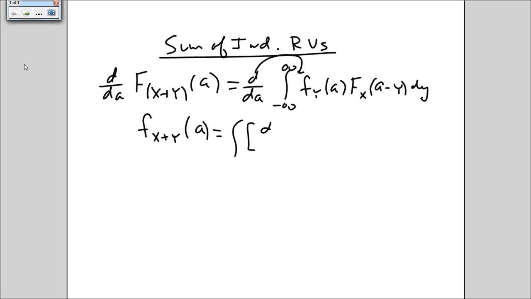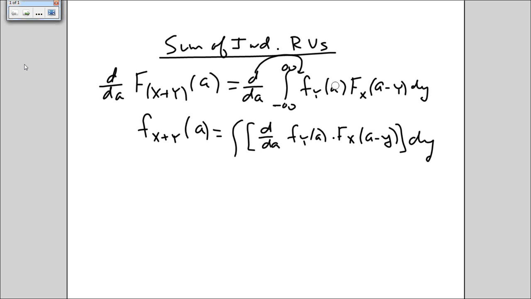That is, I can take the derivative of f_Y of y times F_X of a minus y and integrate that with respect to y. I had been writing one little error.